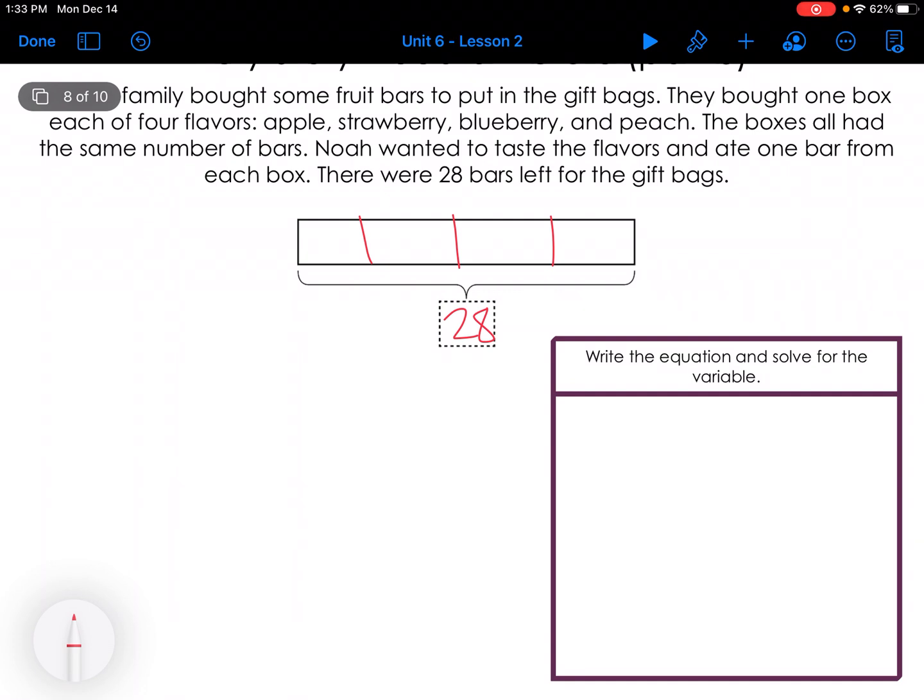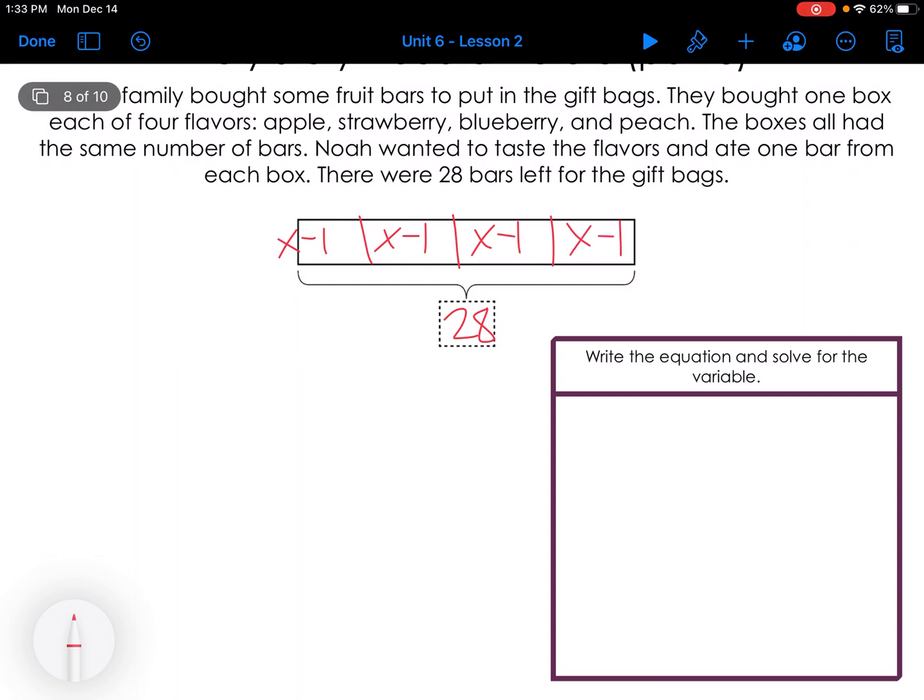And we know that he ate a bar out of each one. So that's x minus 1, x minus 1, x minus 1, x minus 1.